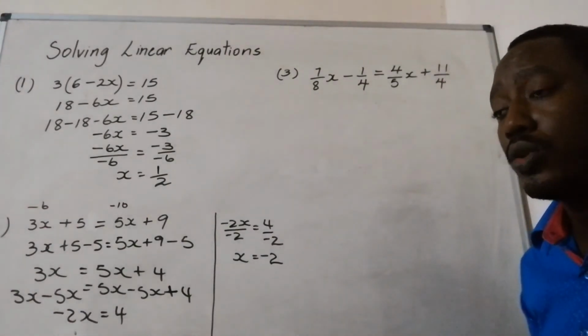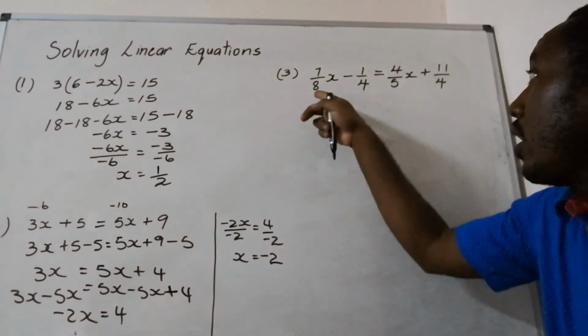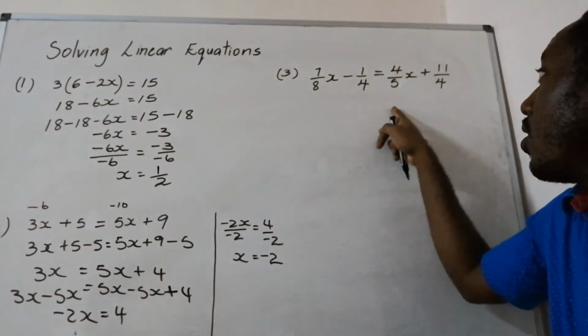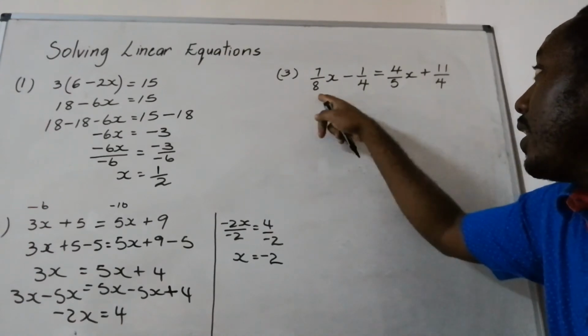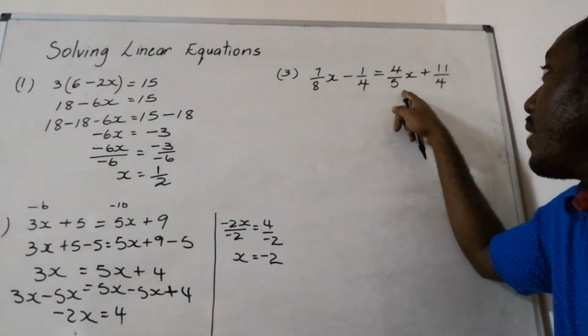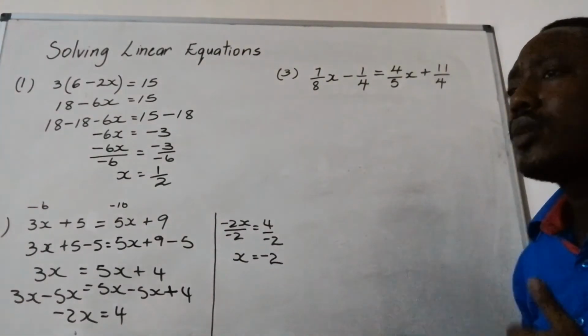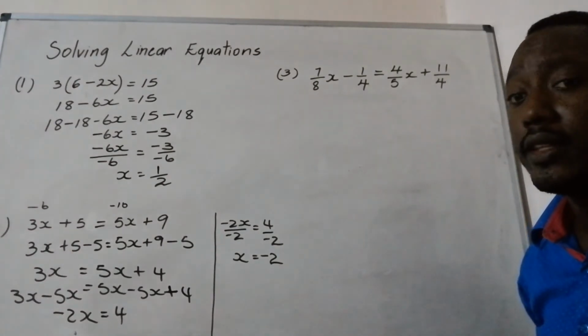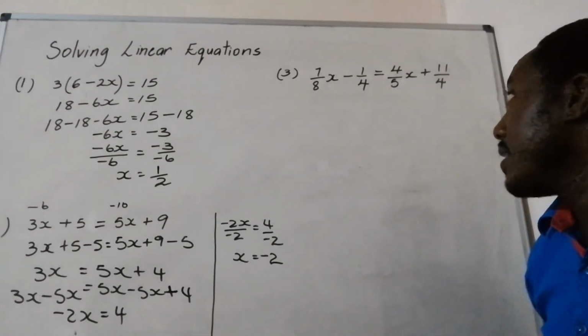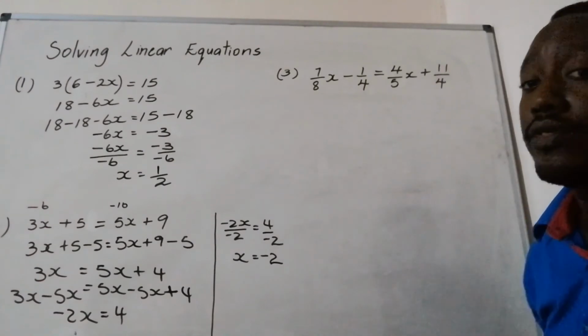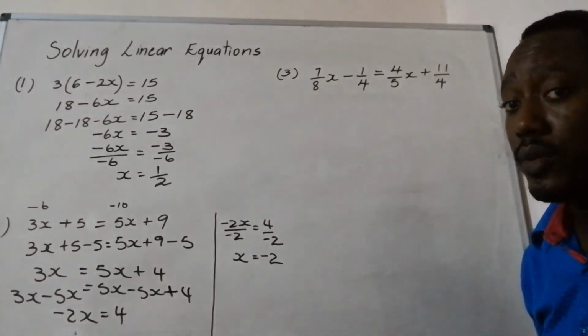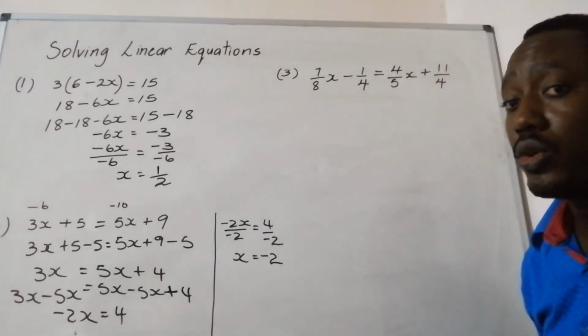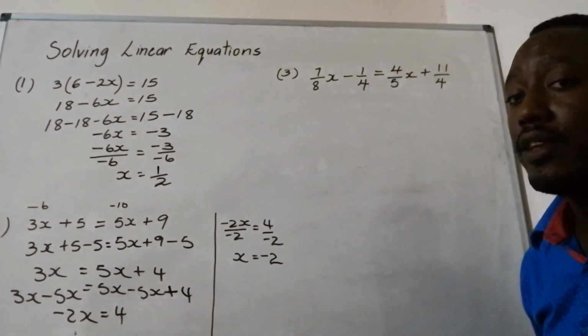The first step we do, we need to get rid of all our denominators: 8, 4, 5, and 4. To get rid of all our denominators, we need to know the LCM of 8, 5, and 4. Quickly, you should know the LCM of 8, 5, and 4 is 40.